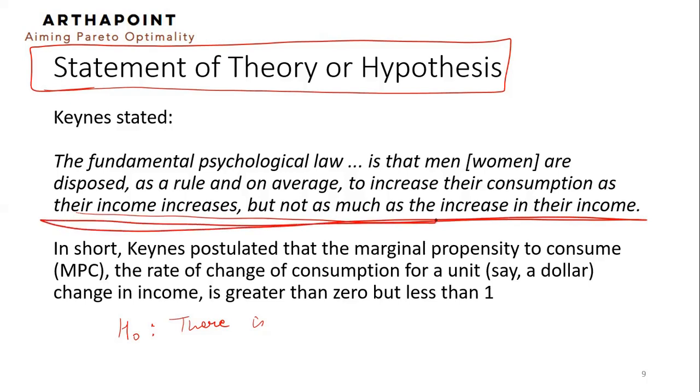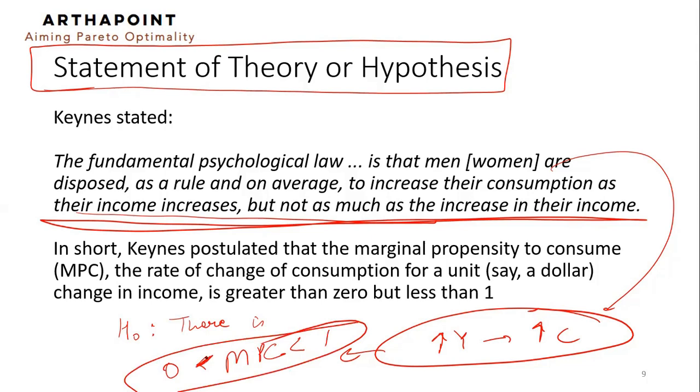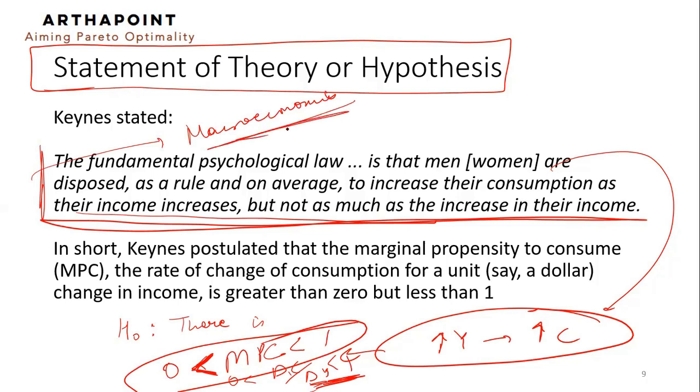So in simple terms, he suggested that as your income increases, your consumption increases, which means we know from macroeconomics that my marginal propensity to consume is between 0 and 1. It's greater than 0 because change in consumption due to change in income is positive. It's less than 1 because consumption does not increase exactly as much as income. Again, something done as part of macroeconomics, but you should know this, right?